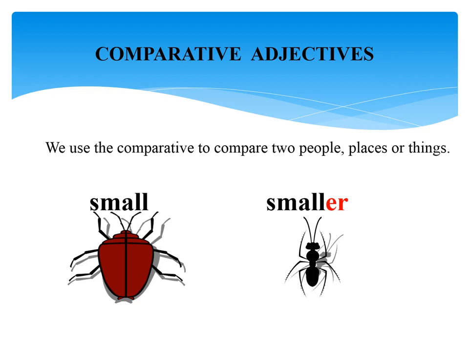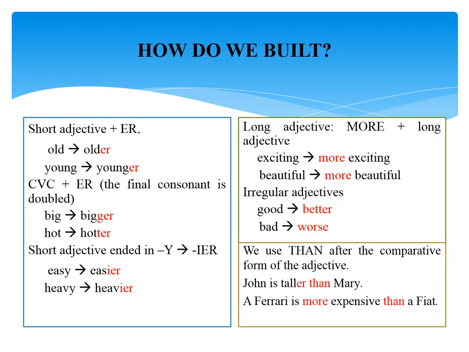So we say one insect on the left is small, but the other one on the right side is smaller. These are some comparative squares.